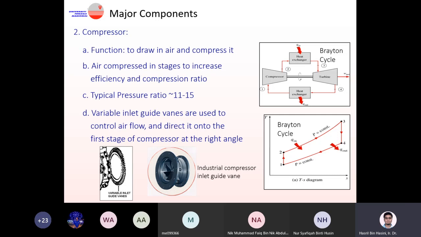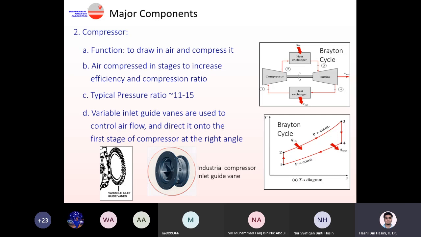We cannot simply compress from 1 bar to 10 bar in one go. First, it is not possible. So the compression has to happen slowly, from 1 bar to 2 bar, from 2 bar to 3 bar, 4 bar, 5 bar, and so on until you obtain the final pressure of 10 bar.